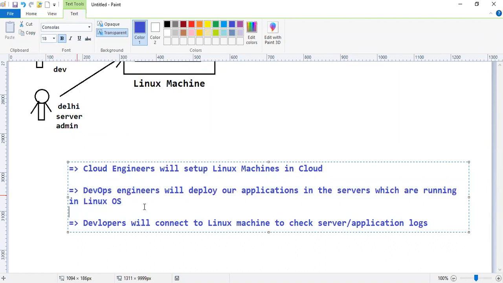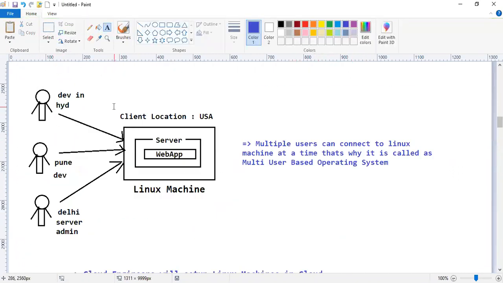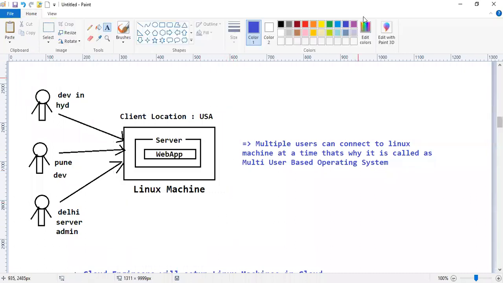Let's come to developers part. Sir, I am a Java developer. I know Spring Boot microservices. Why should I learn the Linux? Tomorrow, your application will be deployed in which computer, sir? Whatever the Java project or Spring Boot project you are developing, where will your Spring Boot project be deployed?